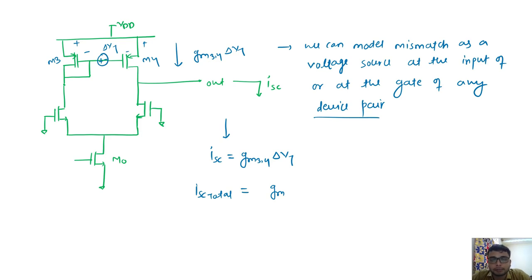But yes, we can consider it as gm12 del VT plus gm34 del VT. We will see the sigma VT, which is nothing but A_VT by root of 2WL. Or better to say, for del VT I can directly just refer this to the input. What is this?